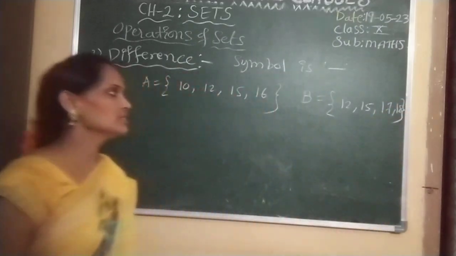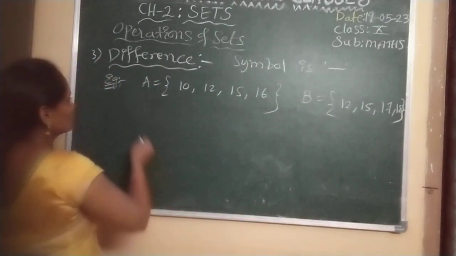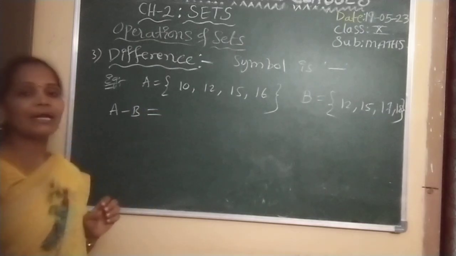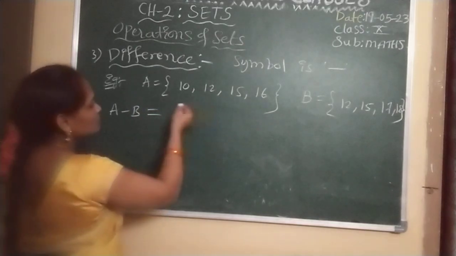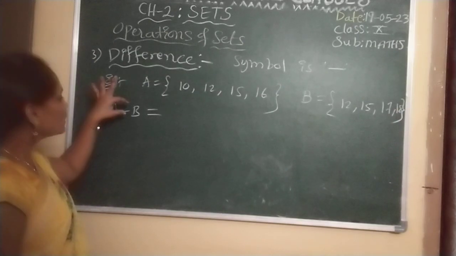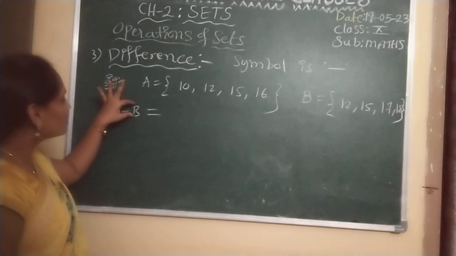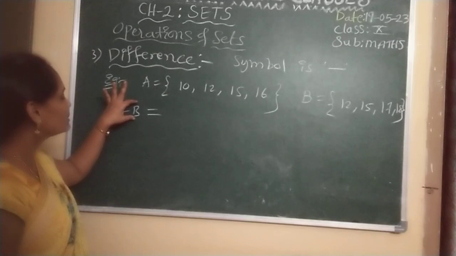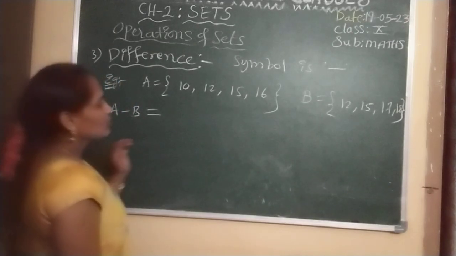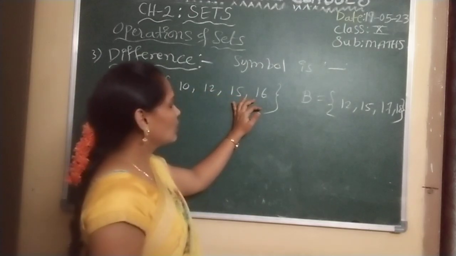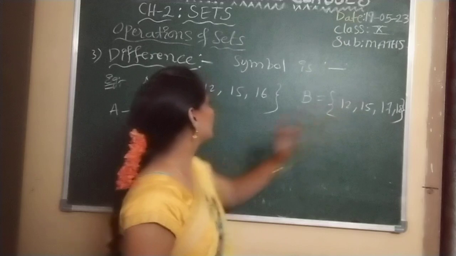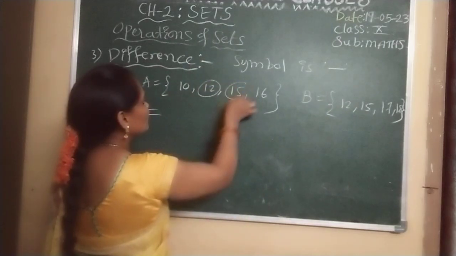Now A difference B, A minus B, what you will get? Just you can subtract the elements: whatever elements you are having in B, you can subtract those elements from A. From A, what are the elements there in B? 12 is there, 15 is there.